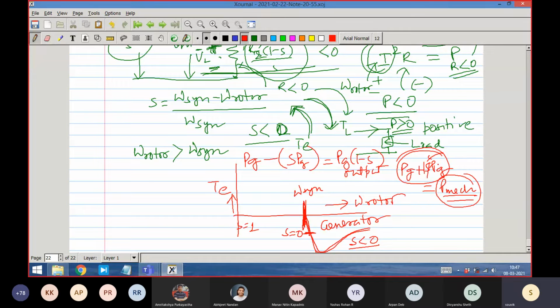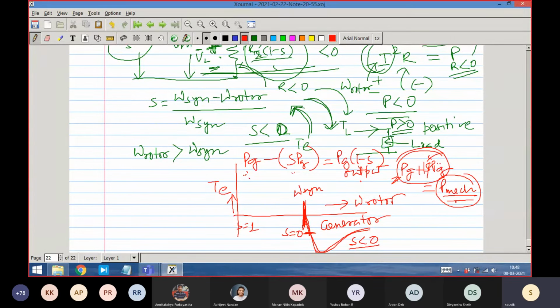So the mechanical power is supplying the air gap power, which is being converted into electrical power, plus the rotor copper loss. In the case of motoring mode, input power, or the air gap power, minus the slip power or the rotor copper loss was equal to the output power. So output power magnitude wise was less than the input power.